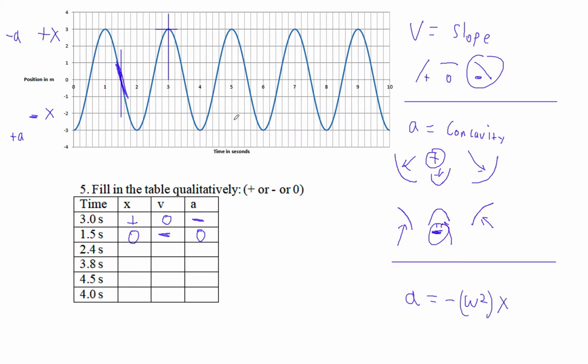Okay, let's see. 2.4 seconds. 2.2, 2.4. There it is. Okay. Well, x looks to be about -1, right? So that's negative. Our velocity is, well, it's an upward slope there, right? That slope is positive. Okay, and then if we look at this thing, this is actually upwardly concave, okay?